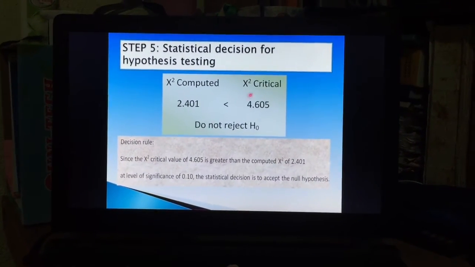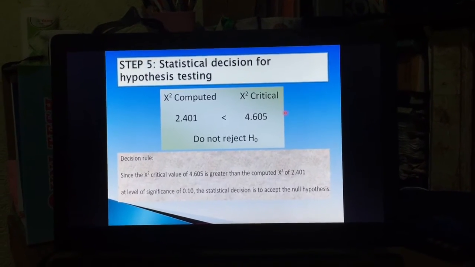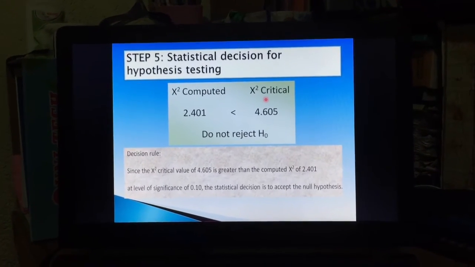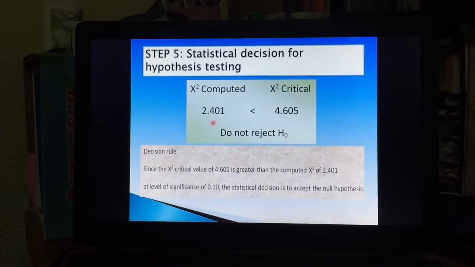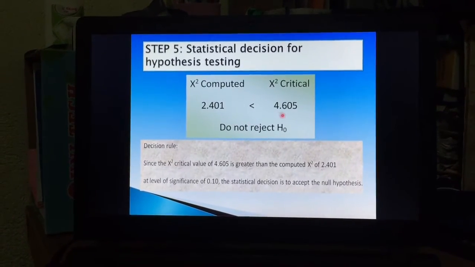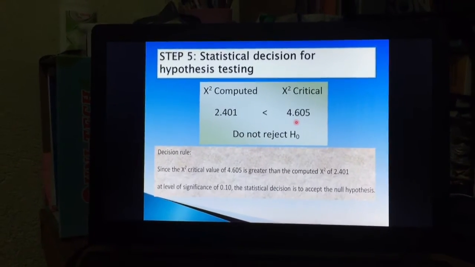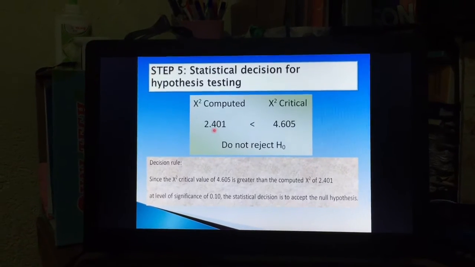Step number 5. Statistical decision for hypothesis testing. X squared computed is compared to x squared critical. The value of our x squared computed is 2.401 and the value of our x squared critical is 4.605. As you can see, x squared critical is greater than x squared computed.